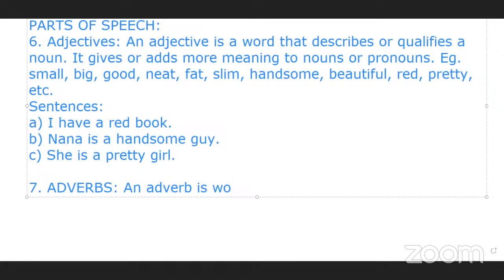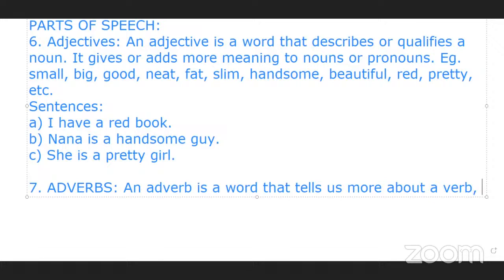So, an adverb is a word that tells us more about a verb.